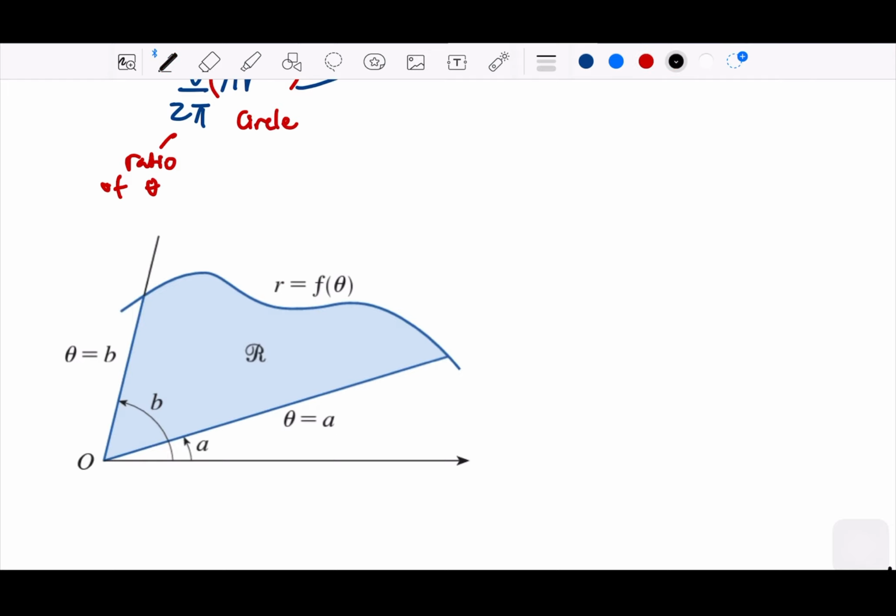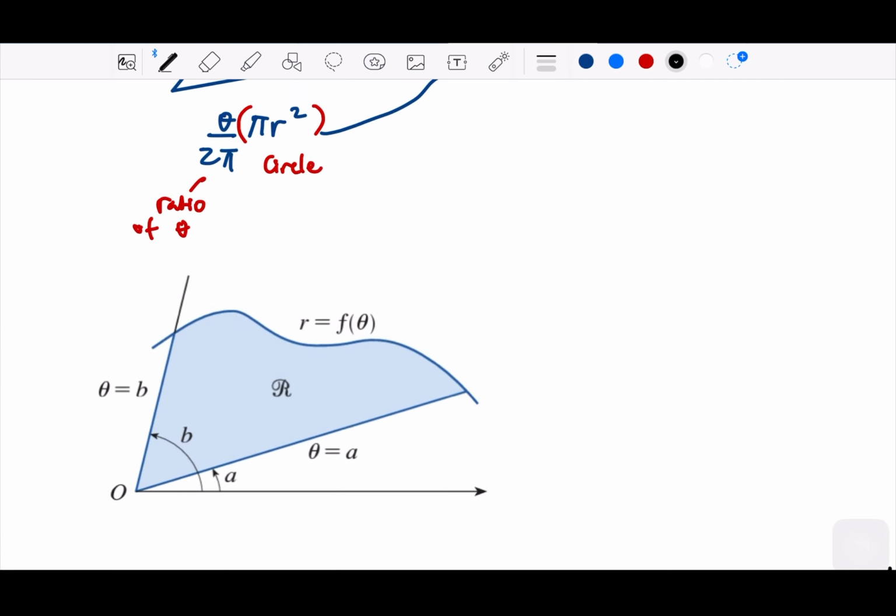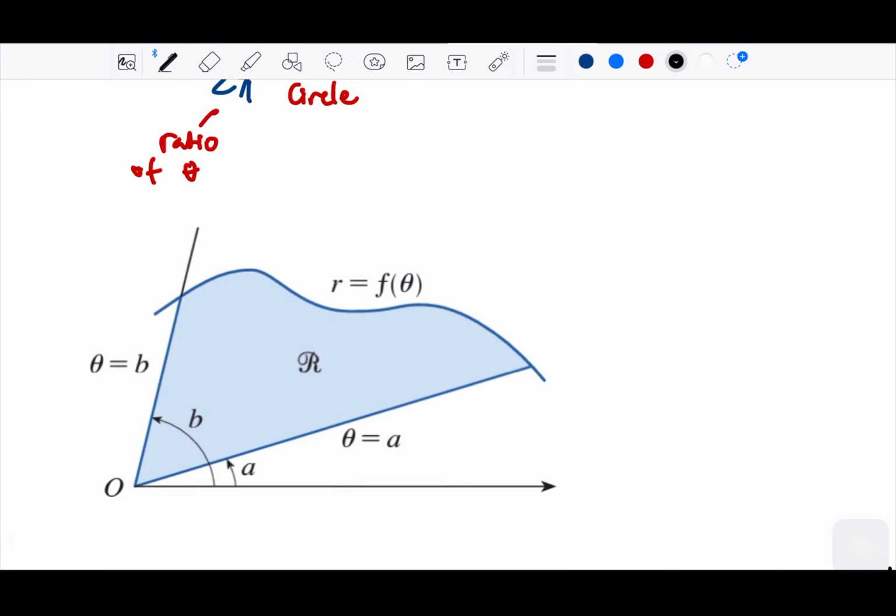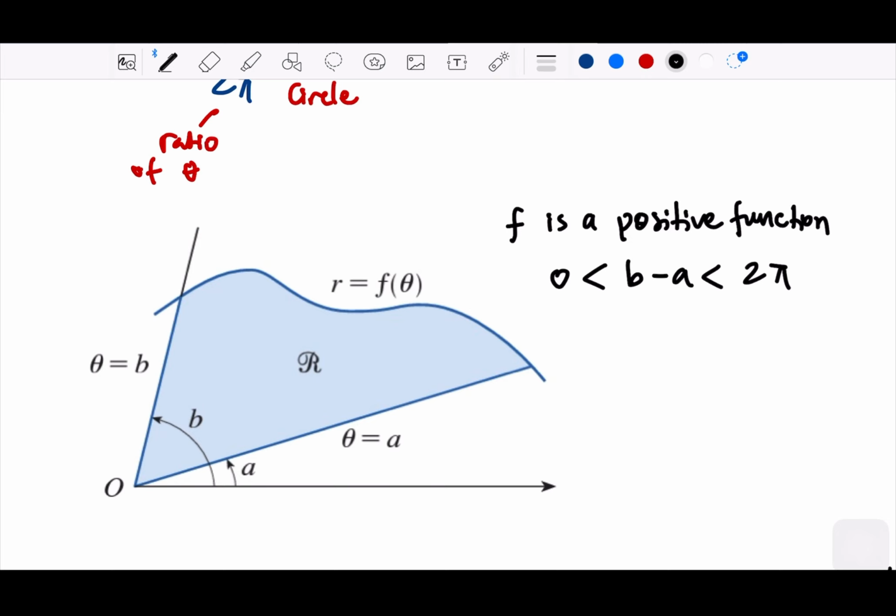Okay, now if we go back to this polar region, we would like to know the area of this region R. Of course, we need to establish the assumption that the function for this polar curve is a positive function, and the range is from 0 to 2 pi for the angles.